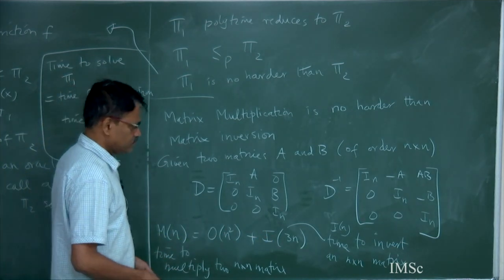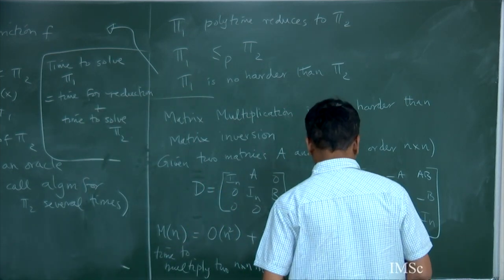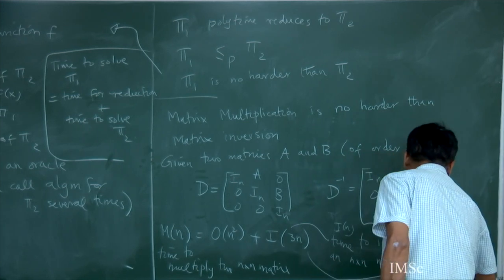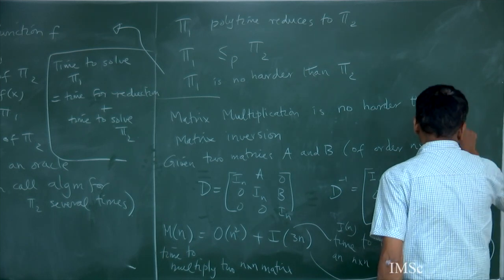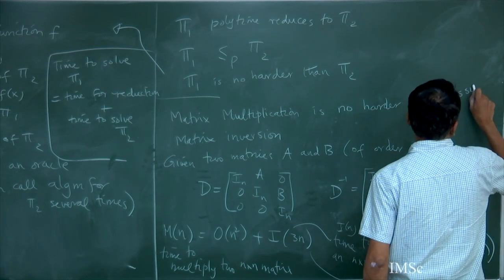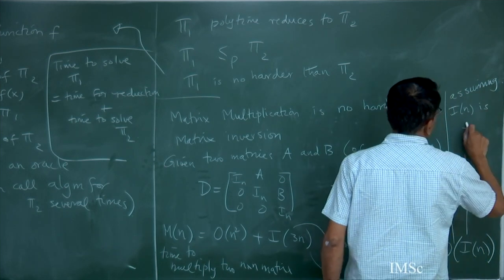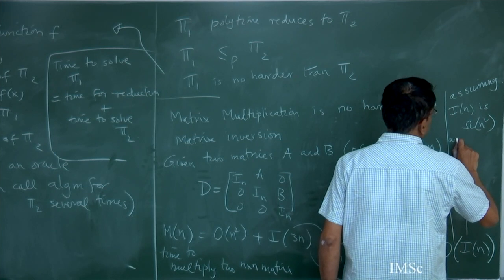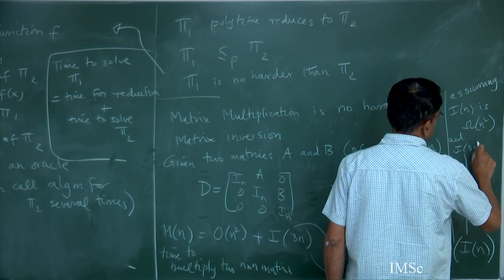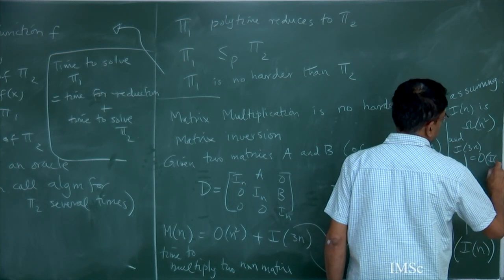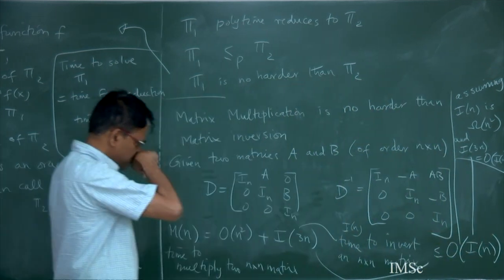So, what I want to claim is this, assuming I of n is omega n square. These are reasonable assumptions.